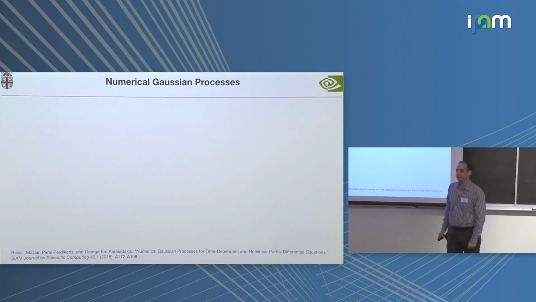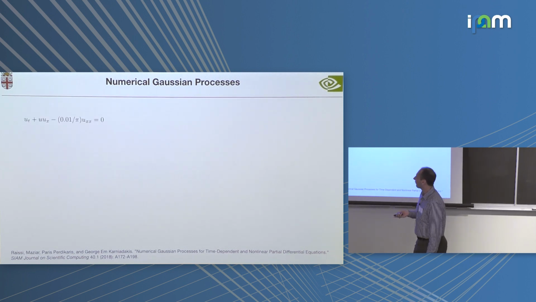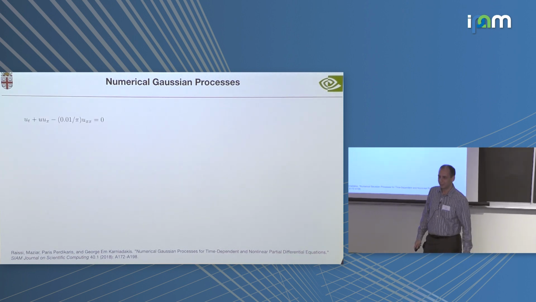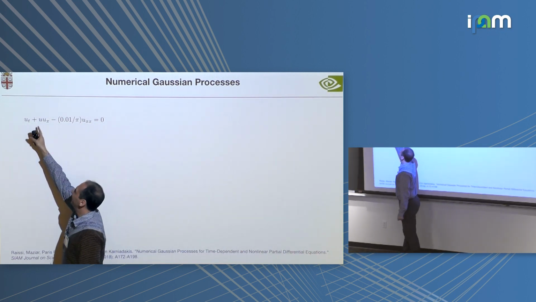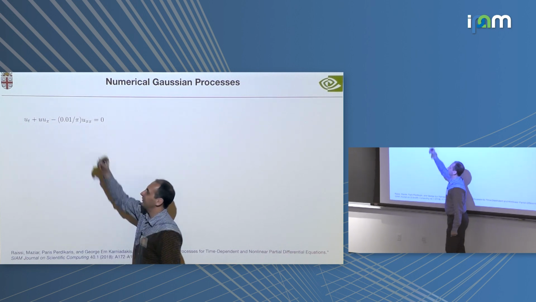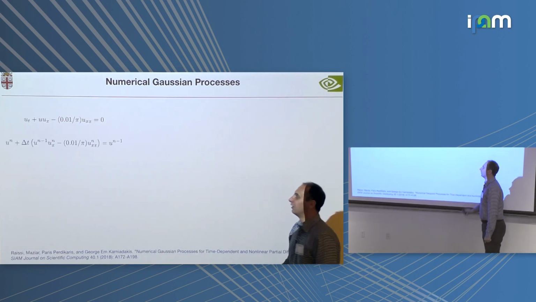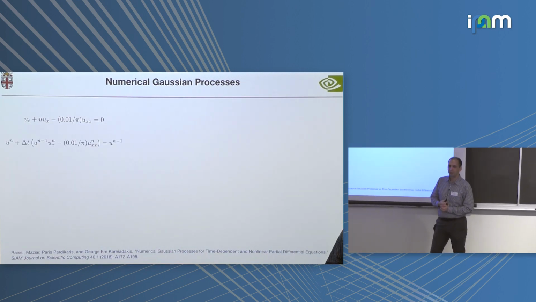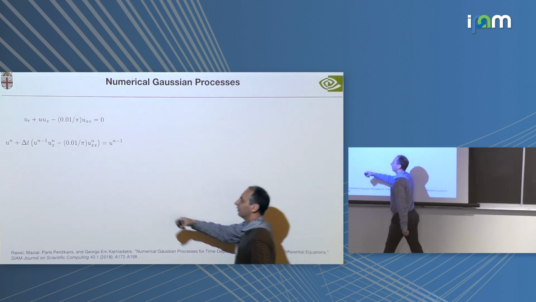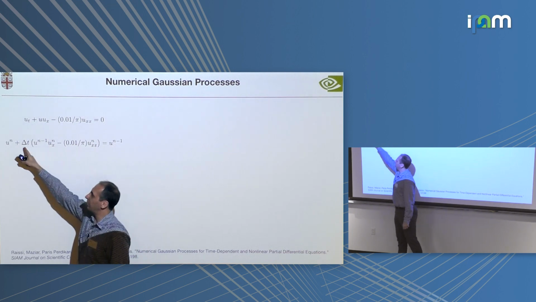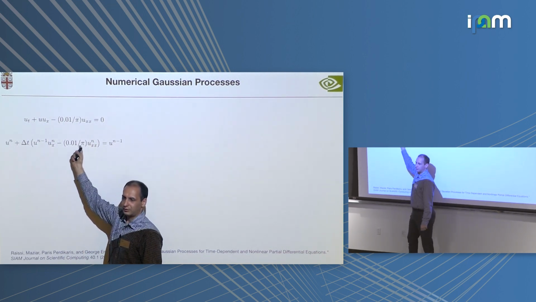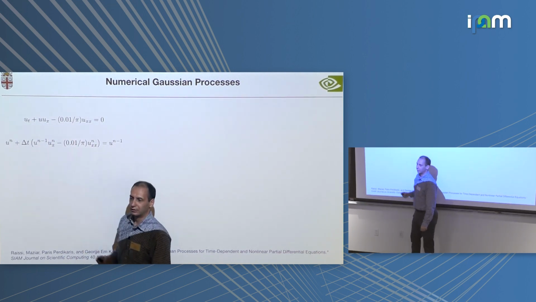Can we physics inform? Let's say this is our physics, Burgers' equation. u_t plus u u_x, a coefficient times u_xx, is equal to 0. We discretize, backward Euler, u^{n-1} divided by delta t is the right-hand side.